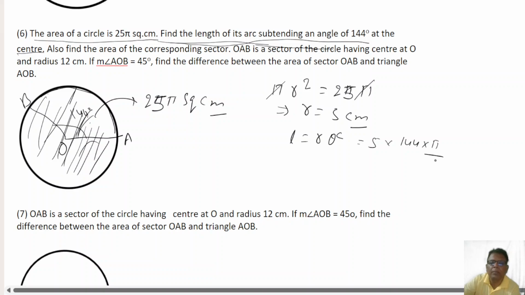So multiply by pi divided by 180. Cancelling, we get 4 pi. This is in centimeters. Now come to the next.